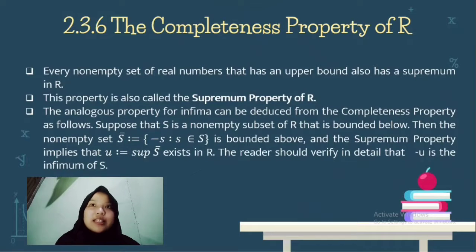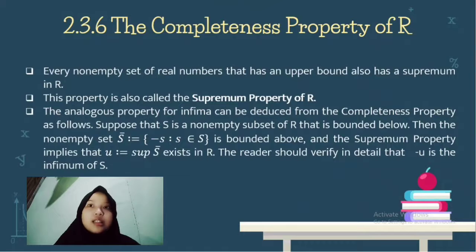Okay, the next is the completeness property of R. Every non-empty set of real numbers that has an upper bound also has a supremum in R. This property is also called the supremum property of R. The analogous property of infima can be deduced from the completeness property as follows. Suppose that S is a non-empty subset of R that is bounded below.